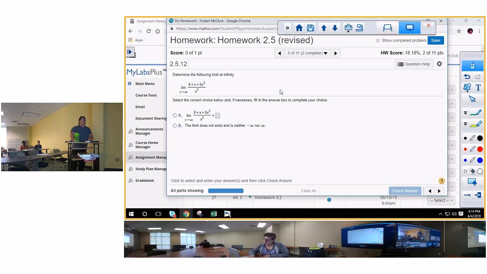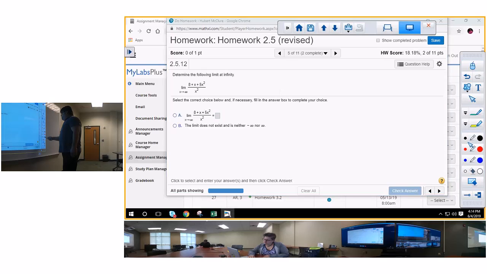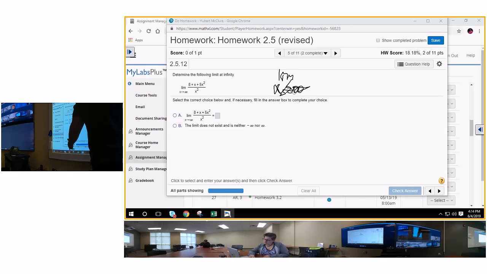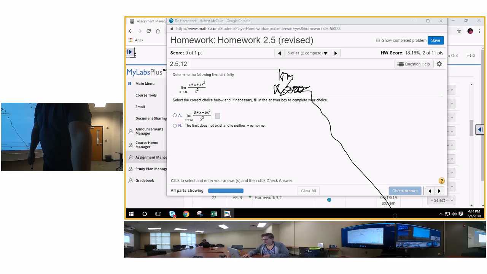Well, you don't have a term here. You got a polynomial over a polynomial of the same degree, so you got to divide by x squared. Now, we did at least 3 or 4 of these the other day, so you should have this one down. So limit as x approaches infinity, and it's just writing whatever it wants to now. Now, the other one didn't do that.